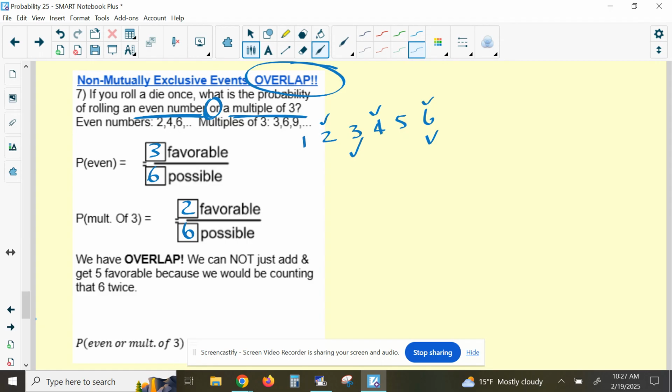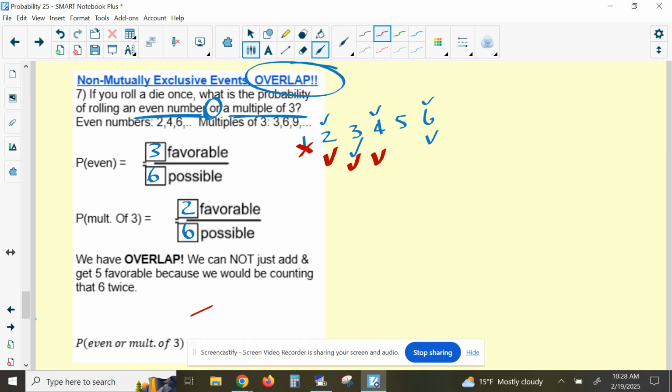Now, is this going to work if I just add them and say 5 out of 6? Are 5 out of 6 of these good? How many are good? Is 1 good? No. Is 2 good? Yeah. Is 3 good? Yeah. Is 4 good? Yeah.